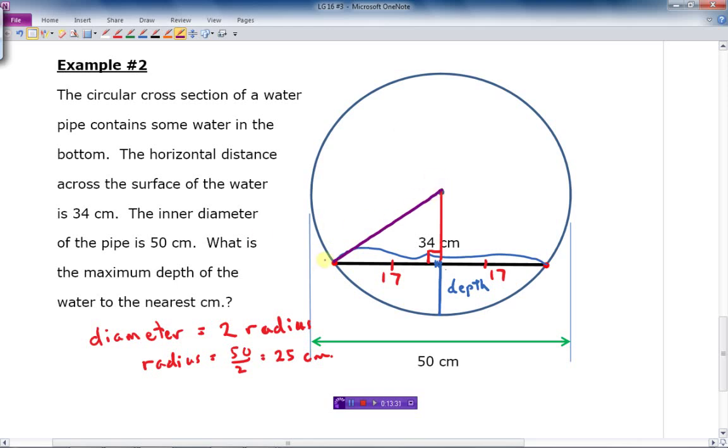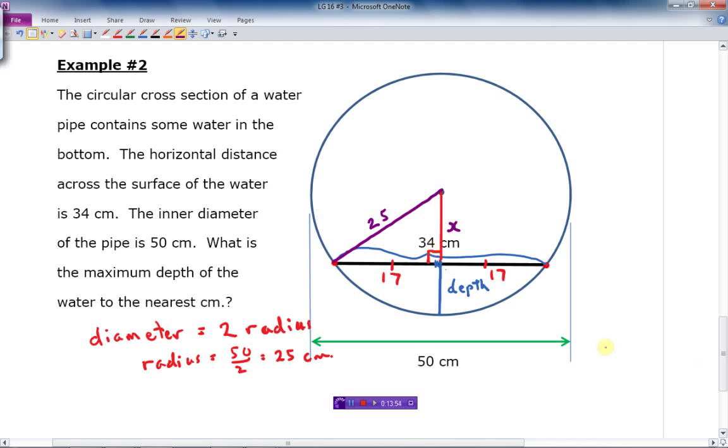That's the distance from the center to the outside of the circle. Now what can I find out? That can help me find this distance right here, from the top of the water up to the center of the circle. Let's find that distance, because that's going to help us.